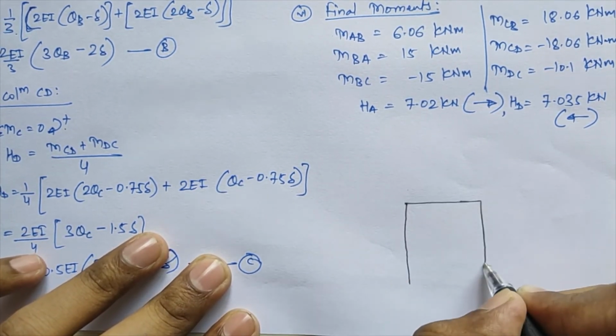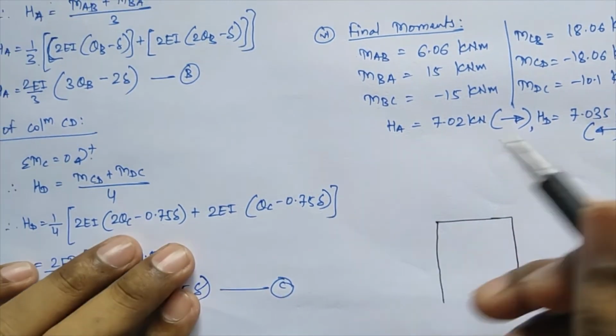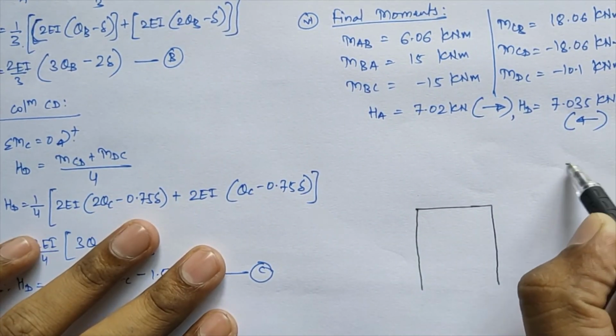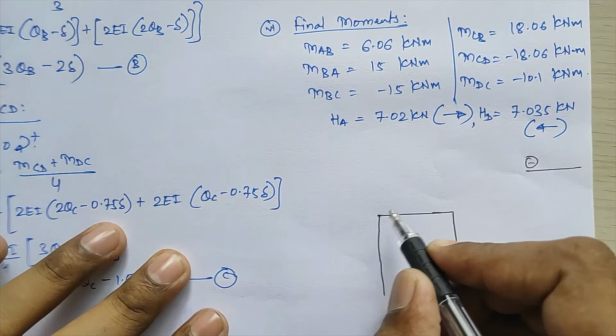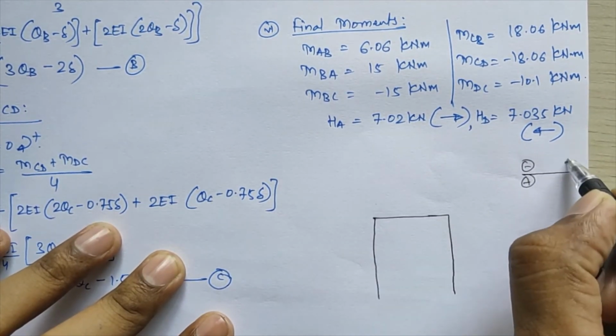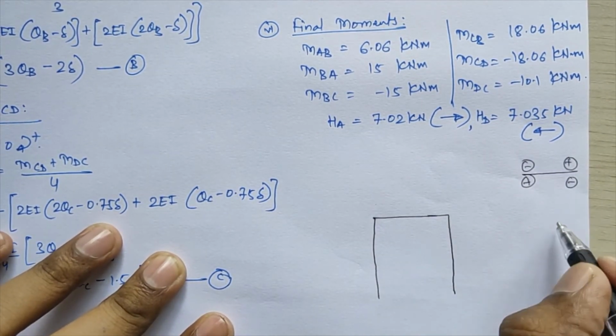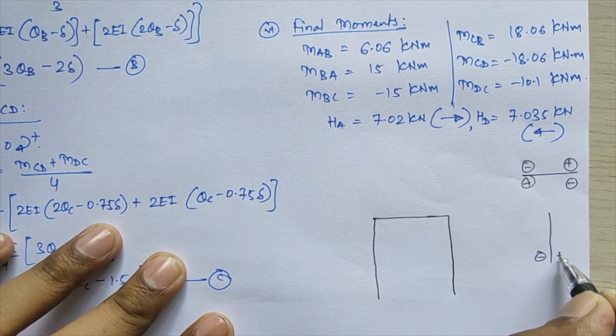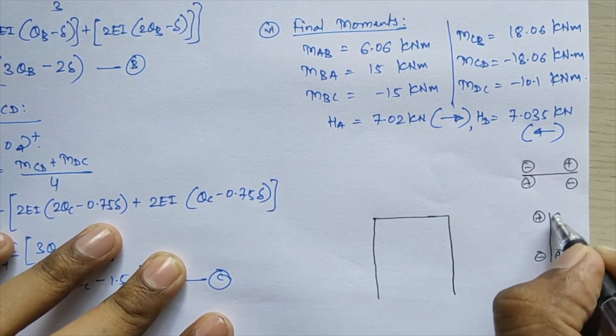Initially I'll take my portal frame over here. First we take the sign conventions. If our member is horizontal, it is negative, positive, positive and then negative, and for a vertical member we take negative, positive and reverse to this, positive and negative at the next end.